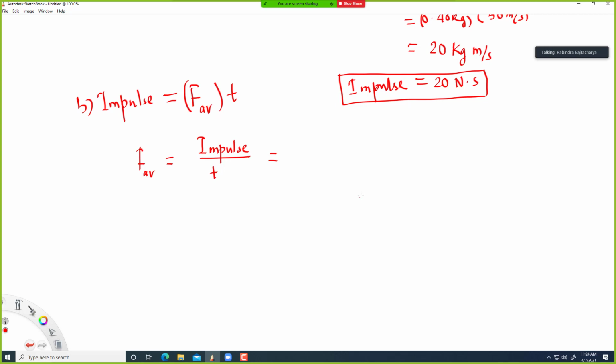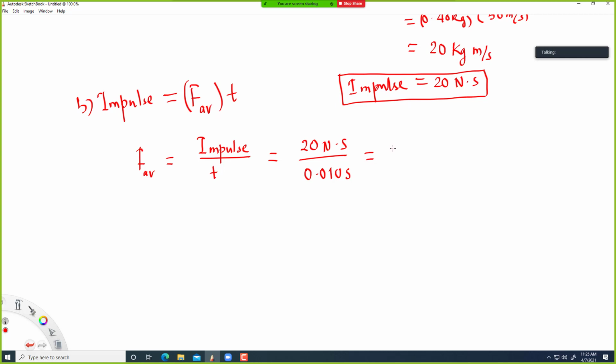Impulse we just found, 20 newton seconds. Time is 0.010. So do that calculation. What do you get? Is that 500?